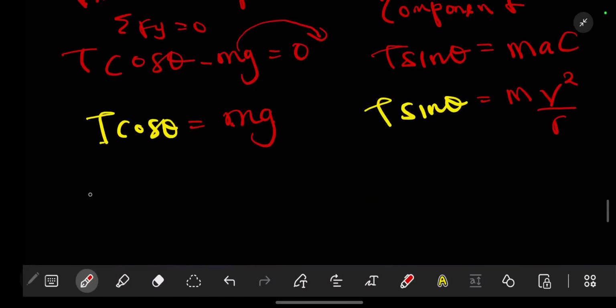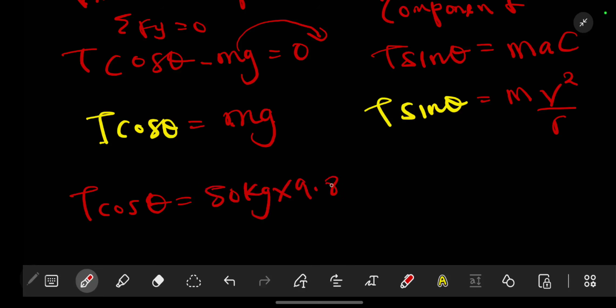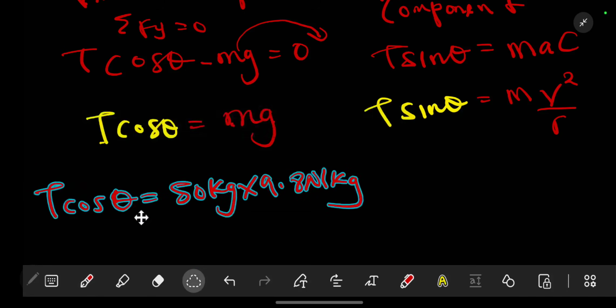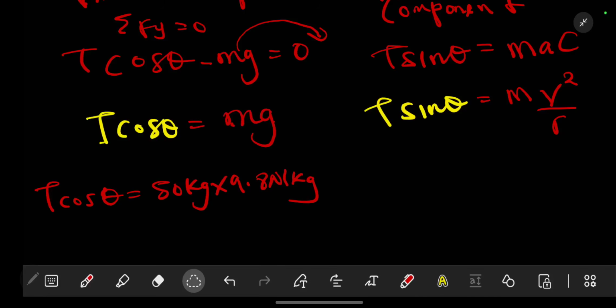So beginning with the vertical component, T cosine theta is equal to our mass, 50 kg, times gravity, 9.8 newtons per kg. Pressing 50 times 9.8 gives us a value of 490 newtons.